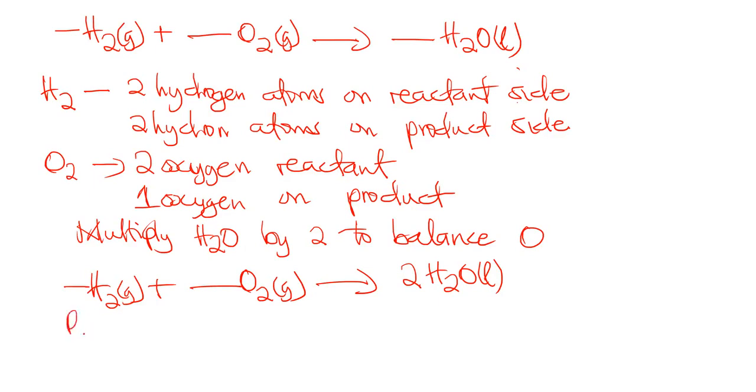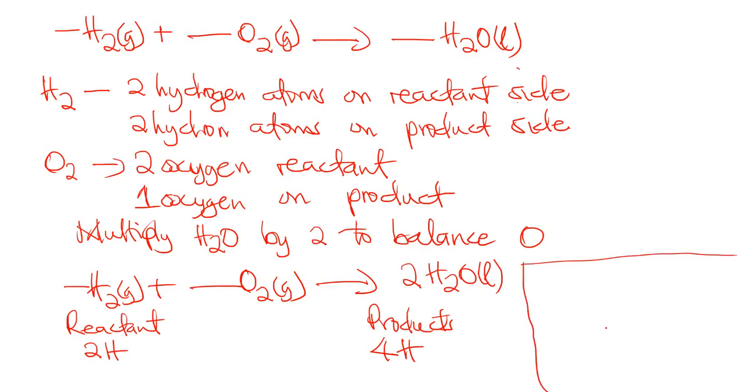Now on reactants, I have 2 hydrogen atoms. On products, I have 4 hydrogen atoms. So what do I do? I need to multiply the hydrogen on the reactant side by 2.